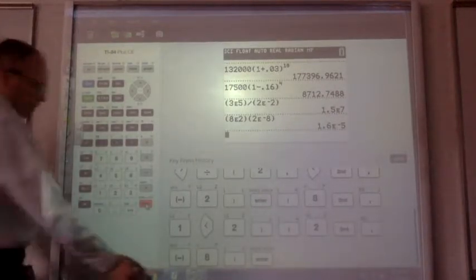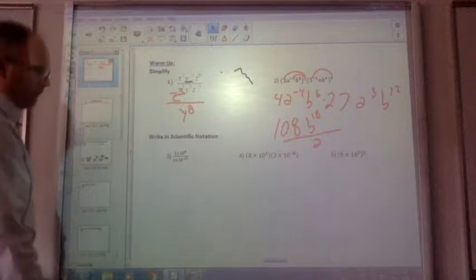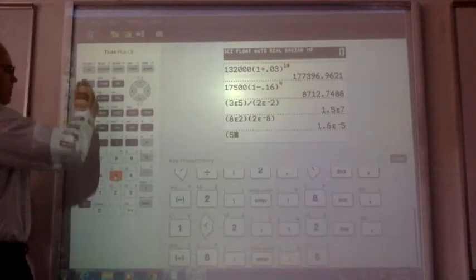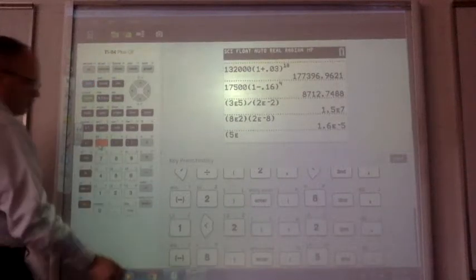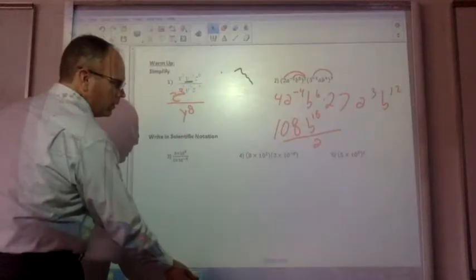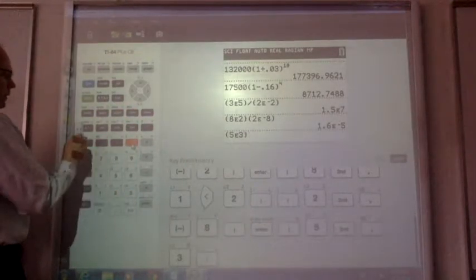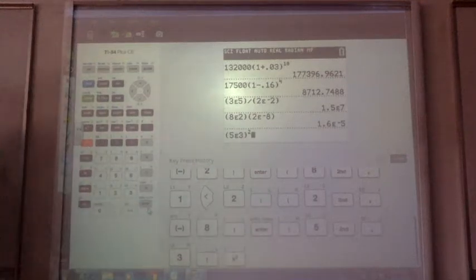And then the third one, 5 times 10 to the third, squared. And then it's squared. So you do that.